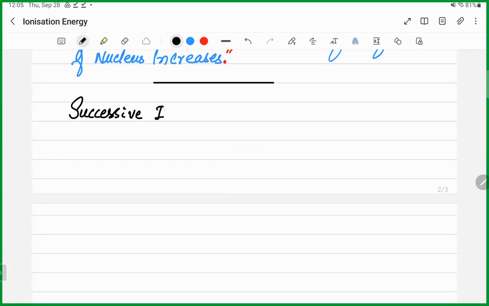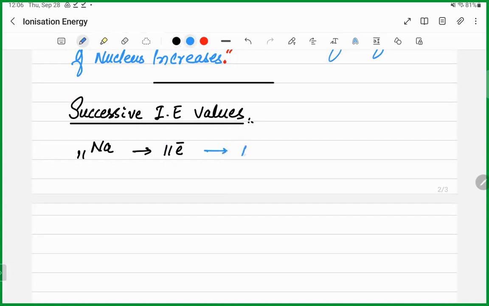Successive ionization energy values. Basically, there's no formal definition of successive ionization energy value. It's a concept: if you have sodium, proton number 11, it has 11 electrons, so sodium should have 11 ionization energy values.